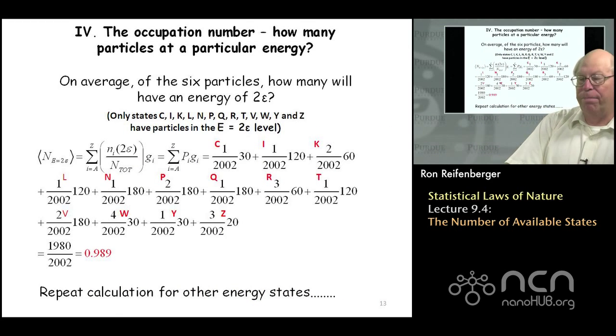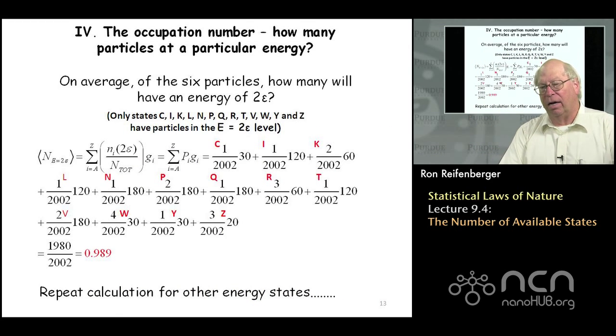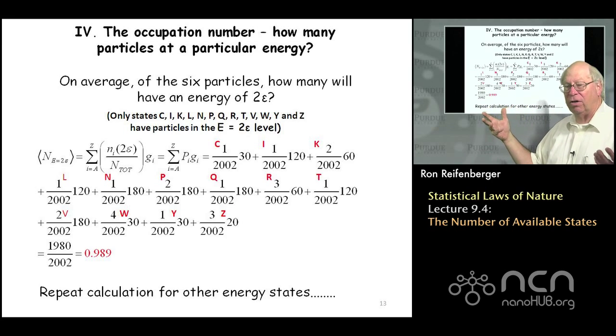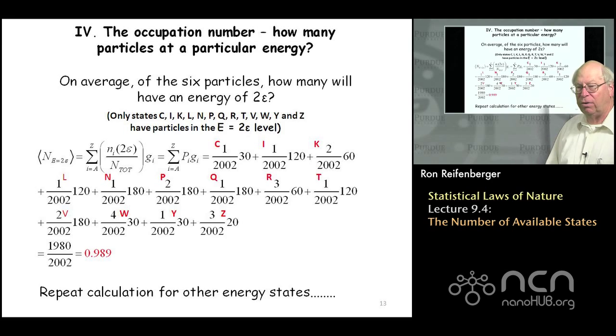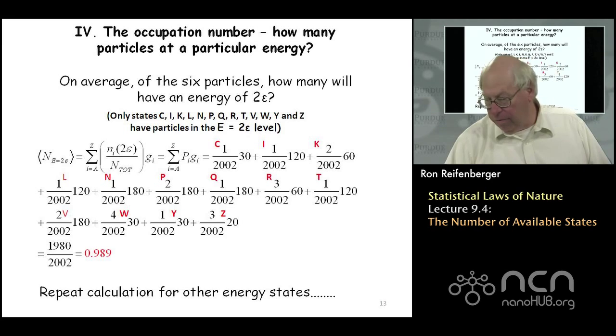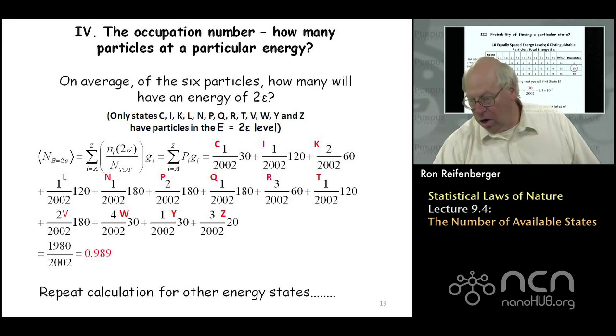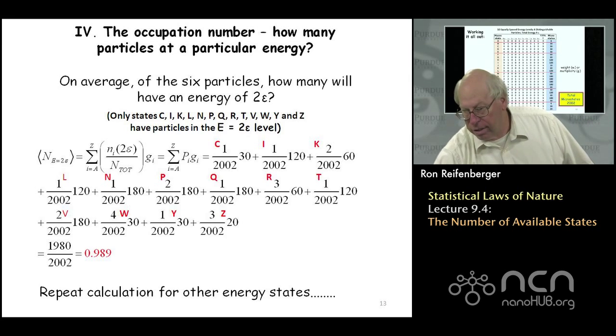You can ask how many particles exist at a particular energy. So, for instance, on average, of the 6 particles in the system, how many of those particles will have an energy equal to 2 epsilon? Well, you have to go back to the master table, and you have to look at all the states. Let's see, here it is.